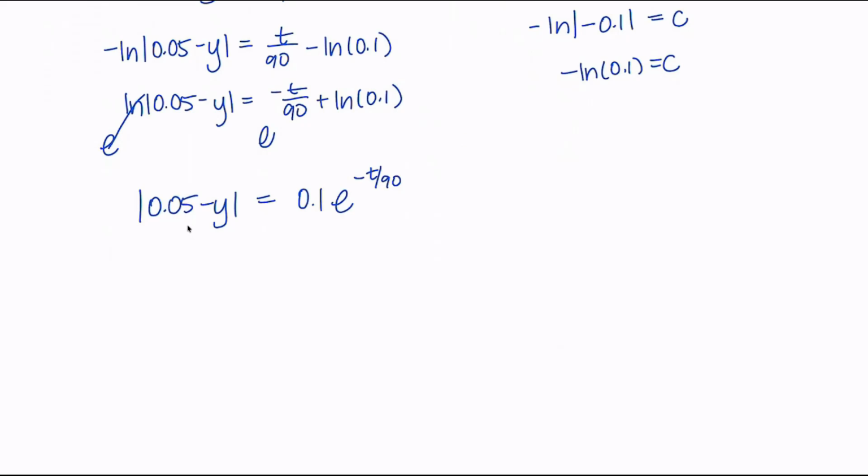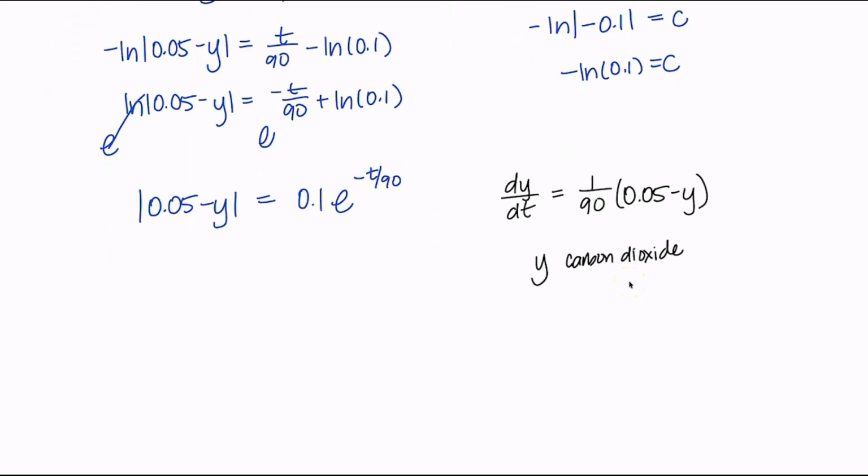Well, let's go back to the differential equation. We had dy/dt in this simplified way as 1 over 90 times (0.05 minus y), and y represented the amount of carbon dioxide, right? Well, what is happening to carbon dioxide in this room?